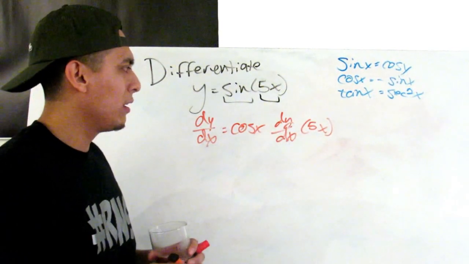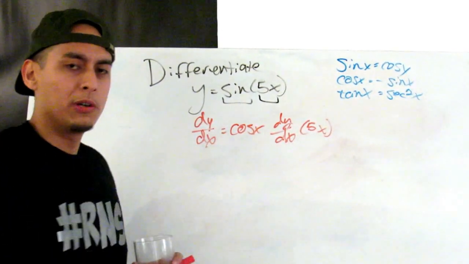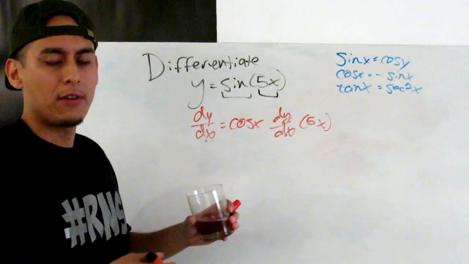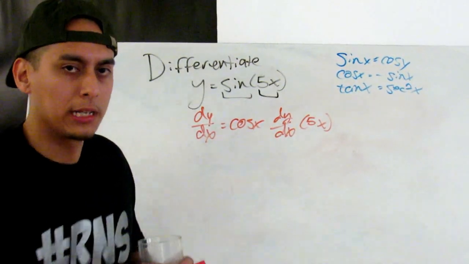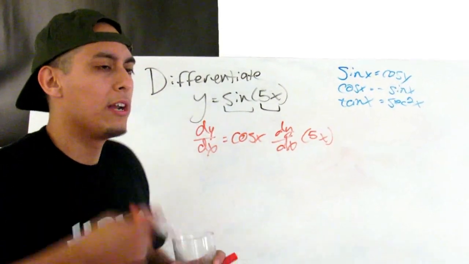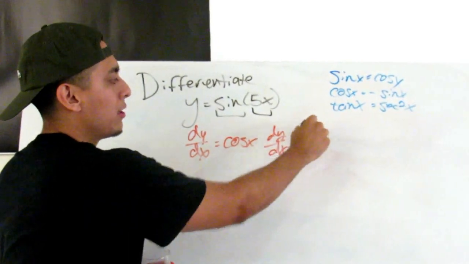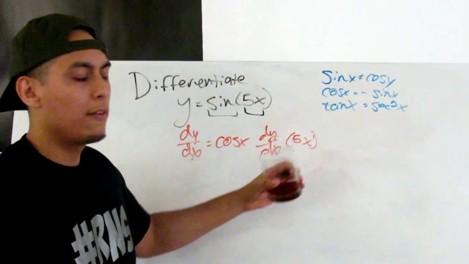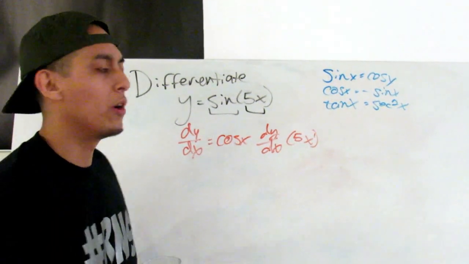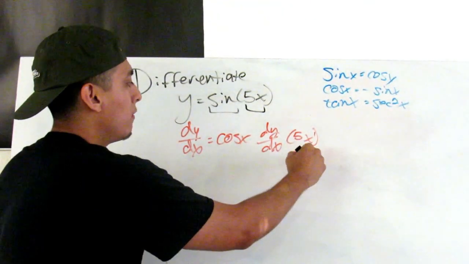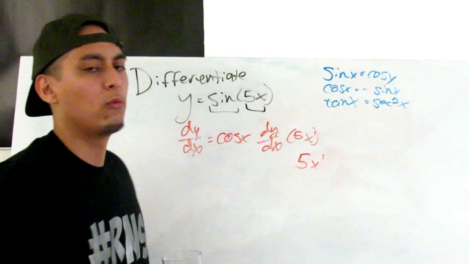Whenever you're doing a derivative of a polynomial, let's say 5x, x squared, something like that, the easiest way to figure that out is to always assume that there's an exponent here. Whenever you don't have an exponent, it means you have an exponent of 1. So this is really 5x to the power of 1.